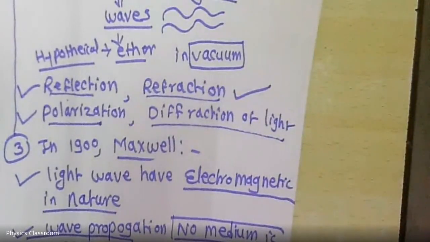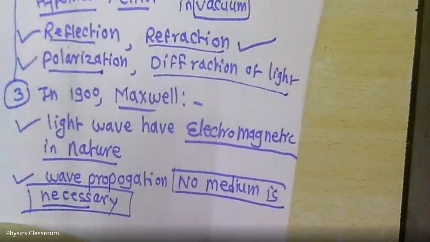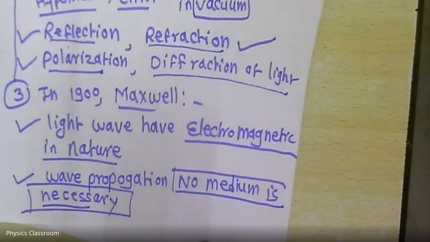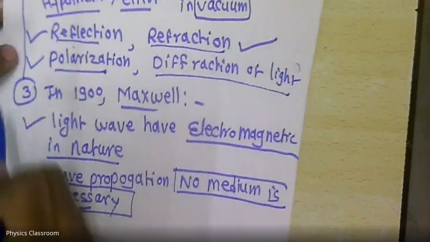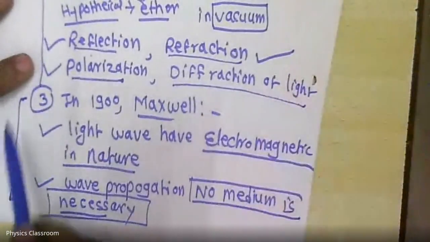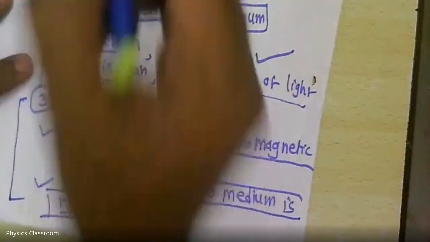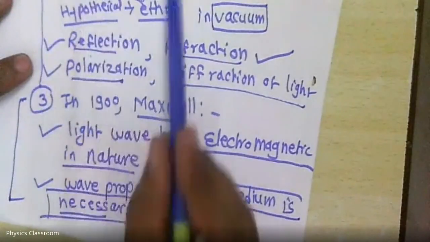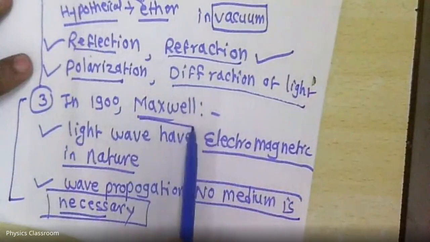This phenomenon was stated by the famous scientist Maxwell: light waves are electromagnetic in nature, and for their propagation no medium is necessary. This is the third phenomenon. First, Newton; second, Huygens, Young and Fresnel; third, Maxwell.